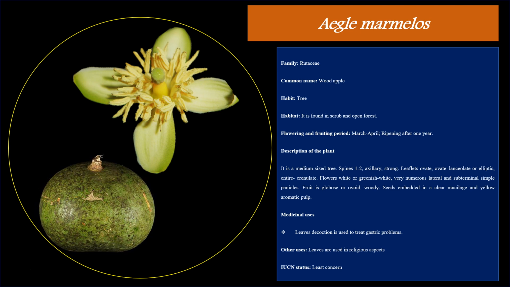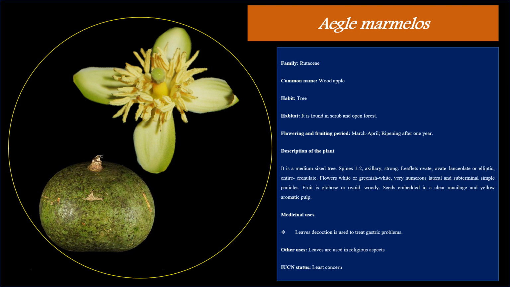The flower also has medicinal uses, but mainly the fruit is used to cure any stomach related problem. Another medicinal use is that leaf decoction is used to treat gastric problems.